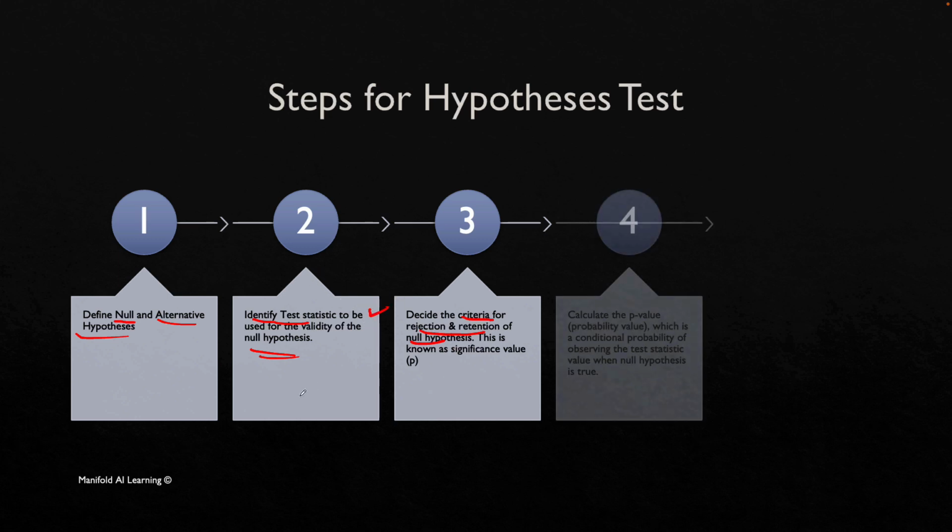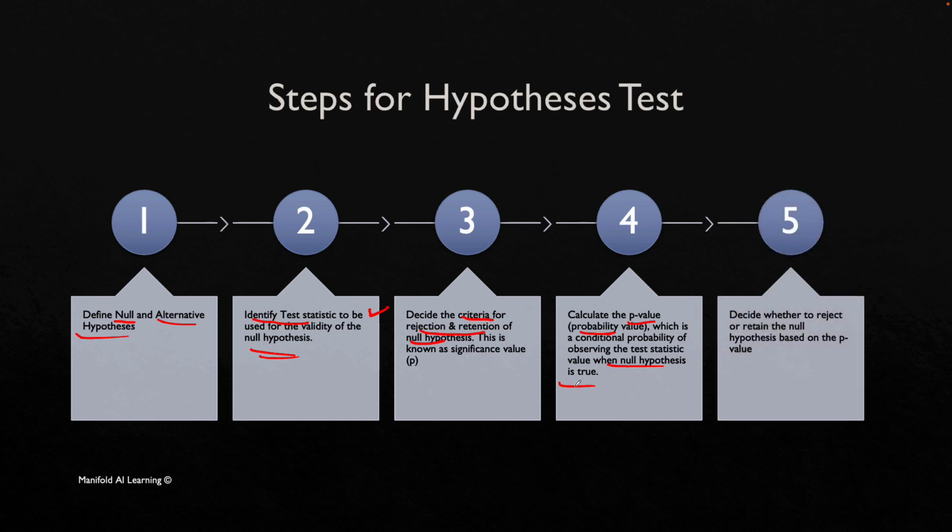And post that, we are going to calculate the value of P, which is the probability value. This is a conditional probability of observing the test statistic when my null hypothesis is true. Depending on the value of P, we are going to either retain or reject the null hypothesis. So these are the high level steps that we'll be following whenever we are performing this hypothesis testing.